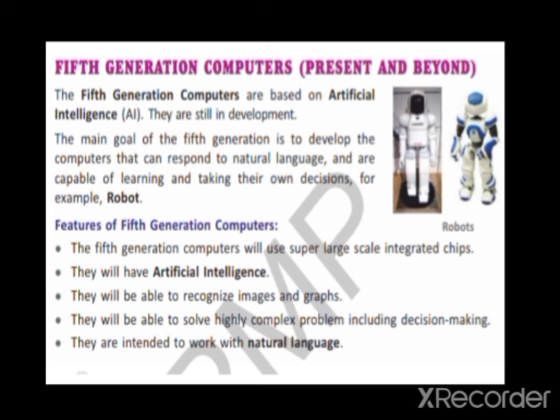They can also do the work according to the situation, like robots. Like nowadays we are seeing that FASTag is there on the toll plazas. It just cuts the toll automatically. Sensor doors are there where a person just stands in front of the door and the door automatically opens. These types of features came in the fifth generation, and these are examples of artificial intelligence.